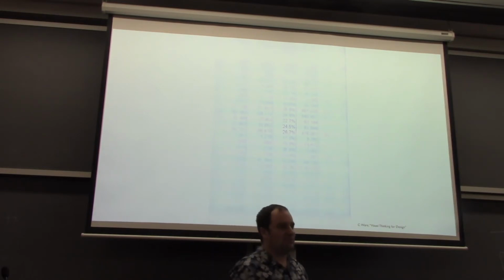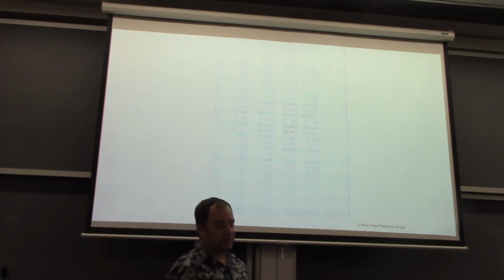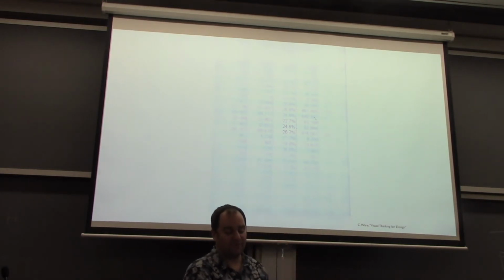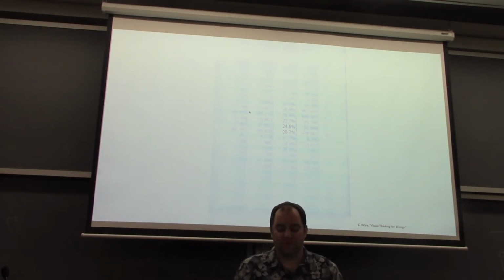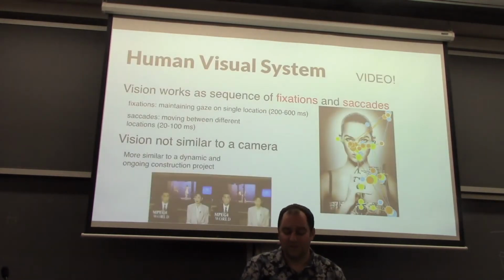If we fixate on one point, this is more like what we would perceive looking at a spreadsheet: a couple of numbers really in focus, and a couple of numbers in the surrounding environment. We can see them well, but up here, what the details are is not obvious unless we move our eyes.